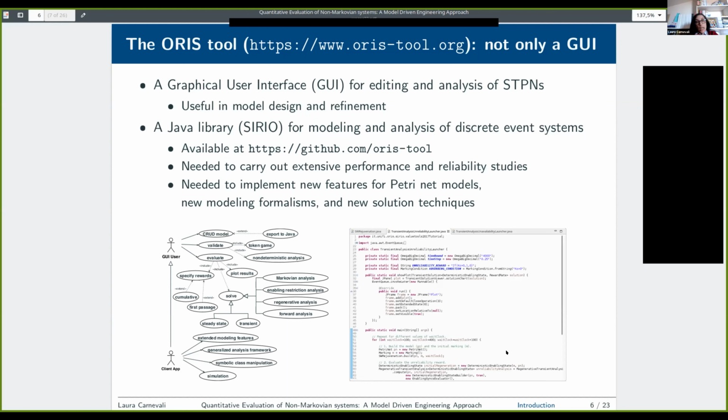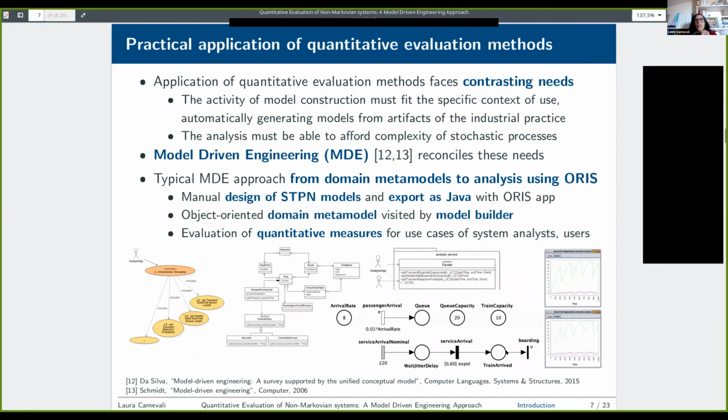This is not enough because, as we all know, practical exploitation of the potential of stochastic models, and in particular non-Markovian models, faces various challenges, and in particular contrasting needs.